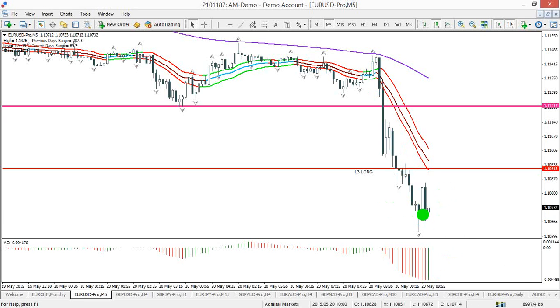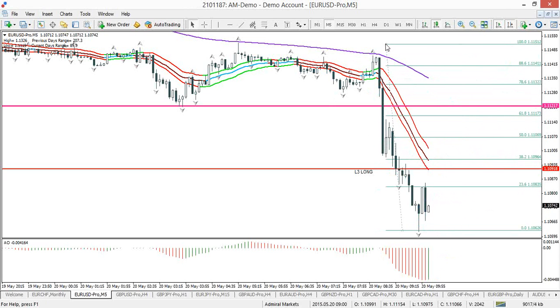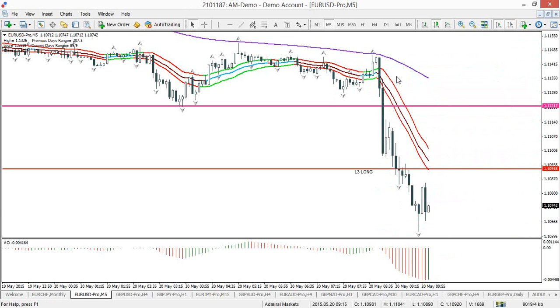Just in case it is, and price starts to aggressively move like that, you never know, then we avoid shorts, because if you put pending orders at a fib like here, you can get caught in that. Yesterday didn't seem so likely. Today not either.